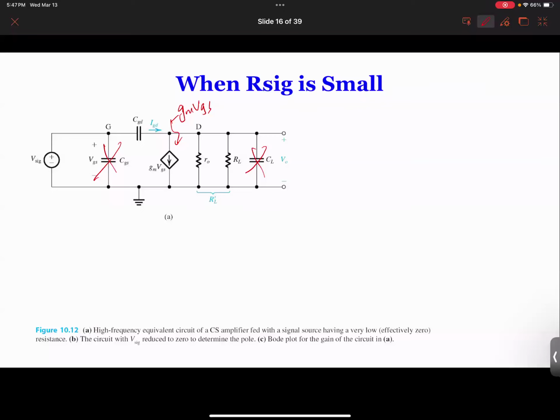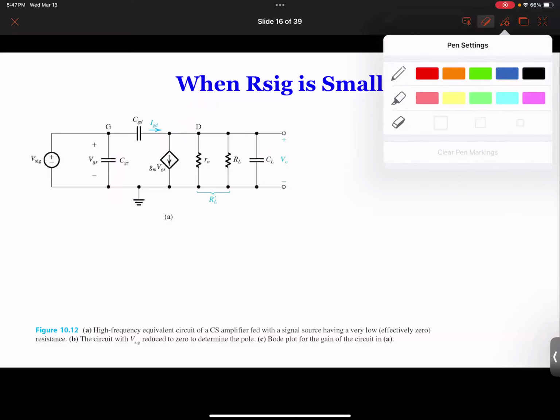It might have some impact now, because previously we said it was very small. Let me erase this, and we can do some calculations here.